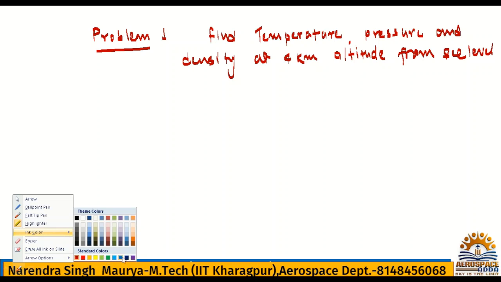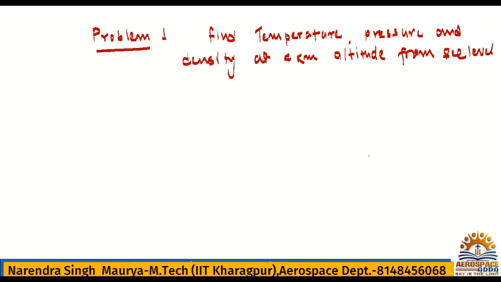Now, at what altitude do you have to calculate the pressure, temperature and density? It is at 4 km from sea level. So just say this is the earth, somewhere here, and this is the sea level. This is exactly 4 km altitude from sea level.